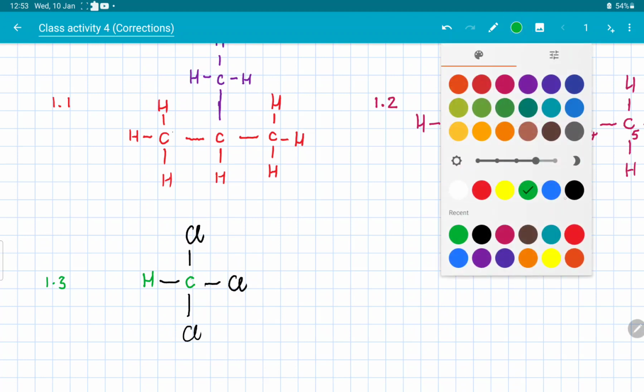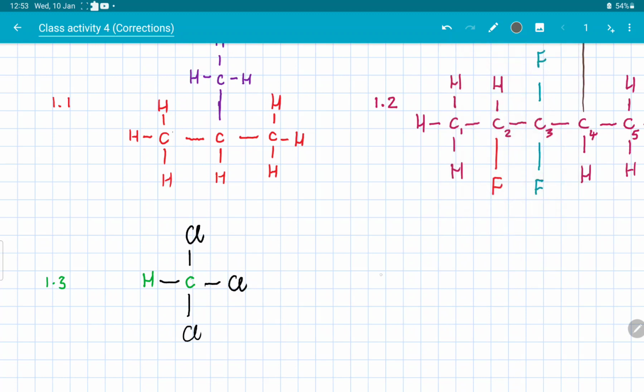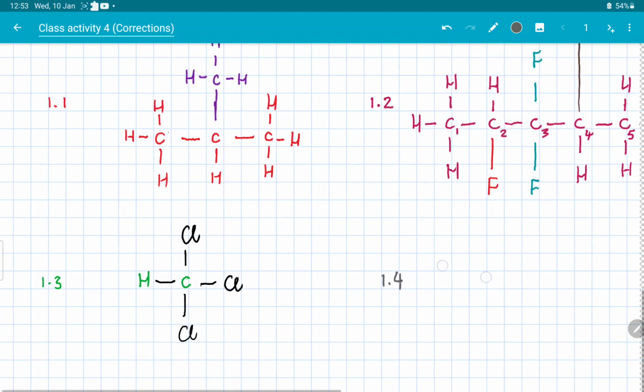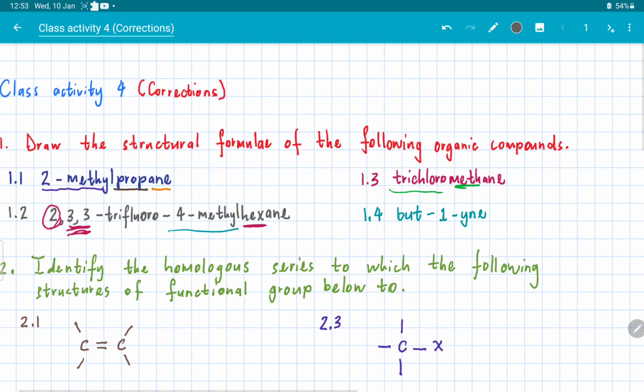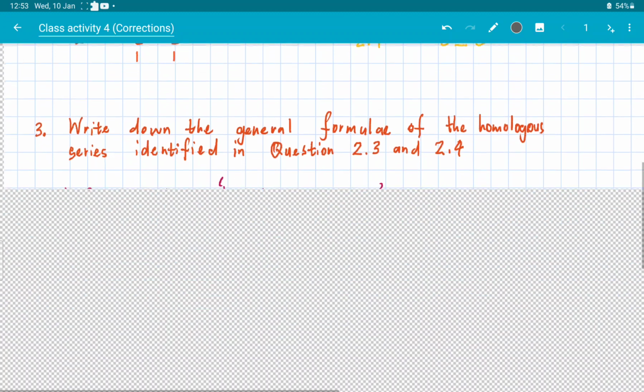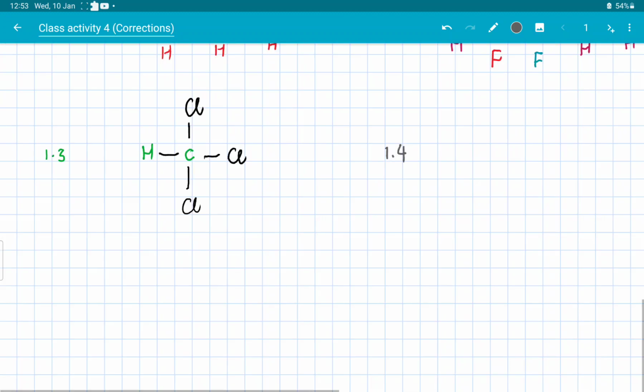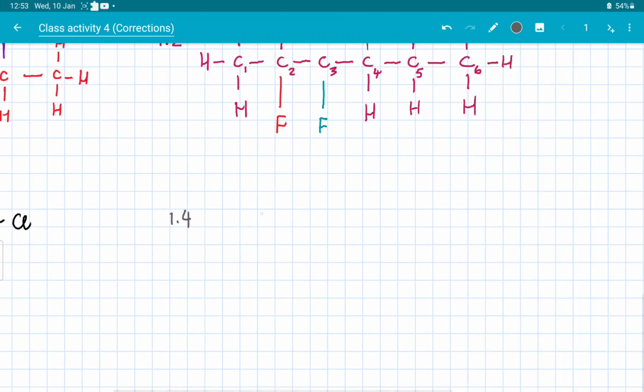And then 1.4, but-1-yne. So it's going to be 4 carbons, but 1, 2, 3, 4.